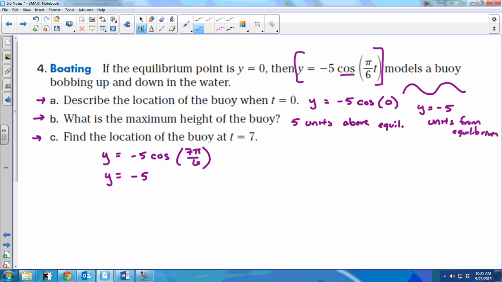So I got -5 times -0.87, so I got 4.33 units from equilibrium. And I just used my calculator. Make sure it's in radian mode.